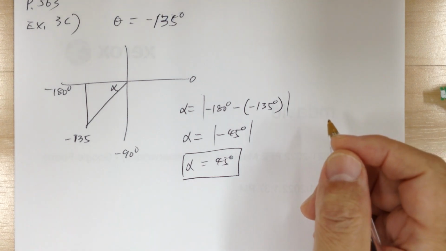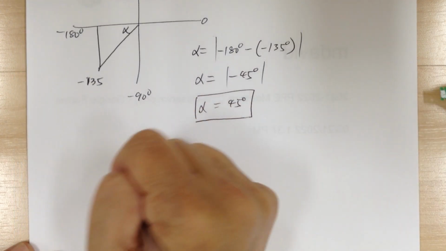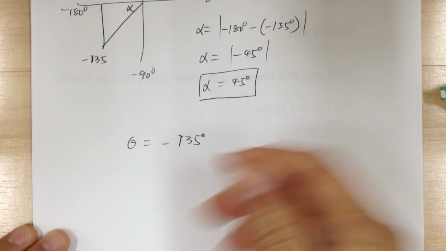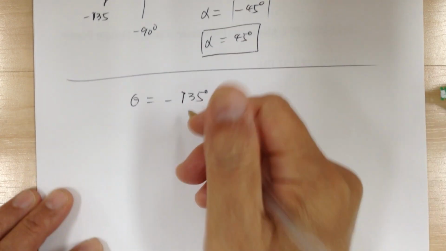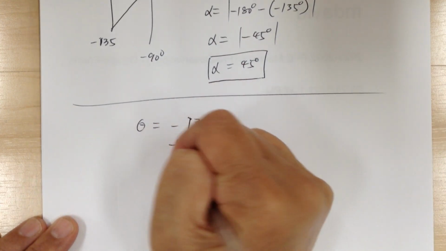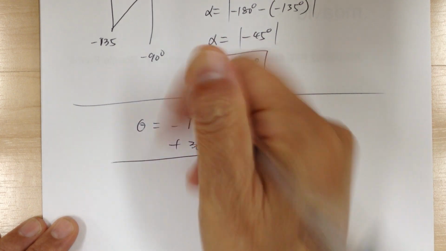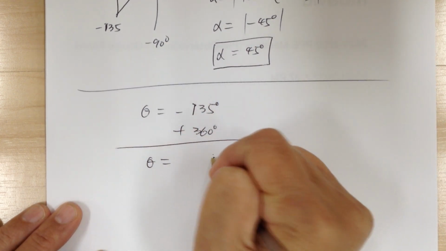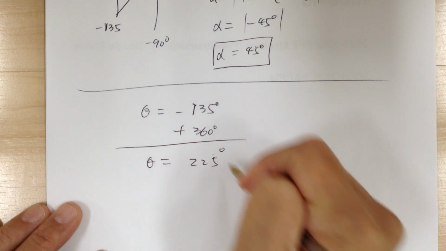Okay. Another way to do this is you just find the coterminal. So sometimes the negative is kind of harder to do. So what you do is you add 360. Okay, use the coterminal angles. So this will equal to 225 degrees.